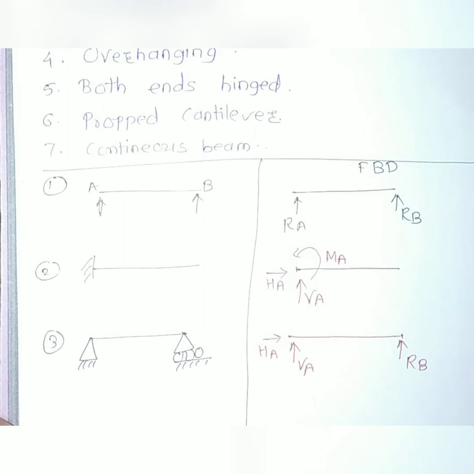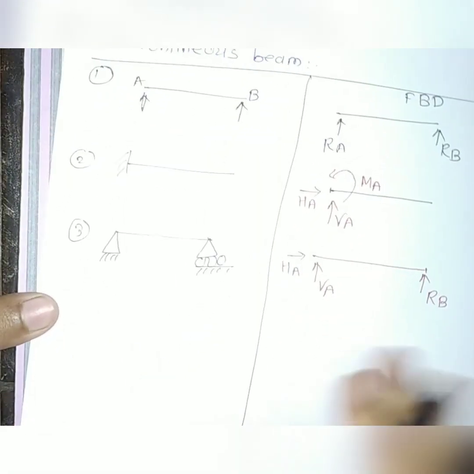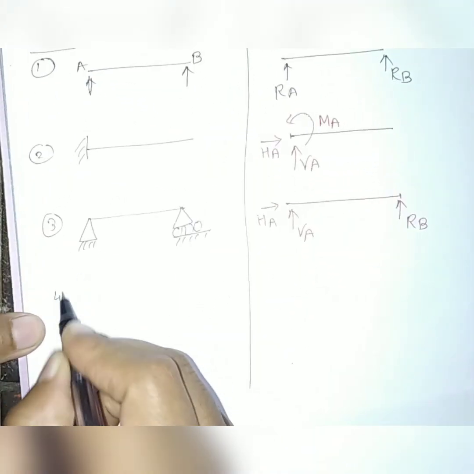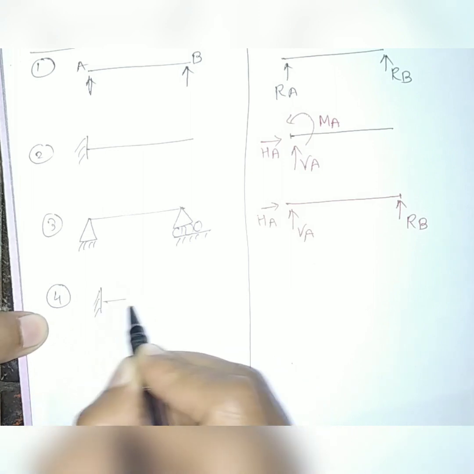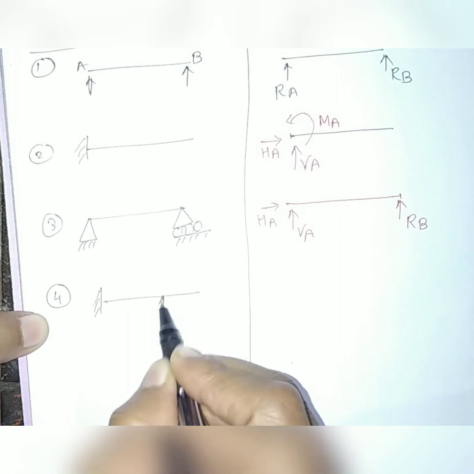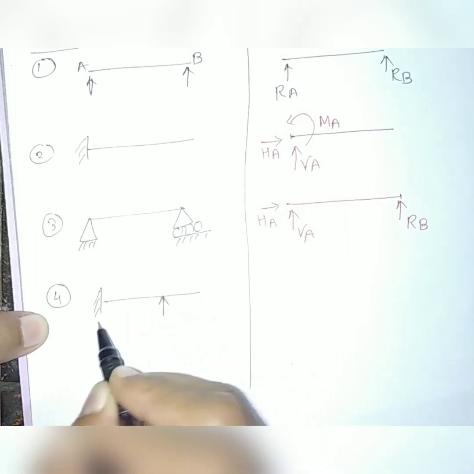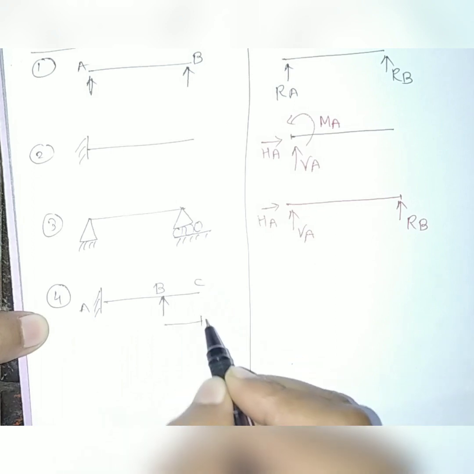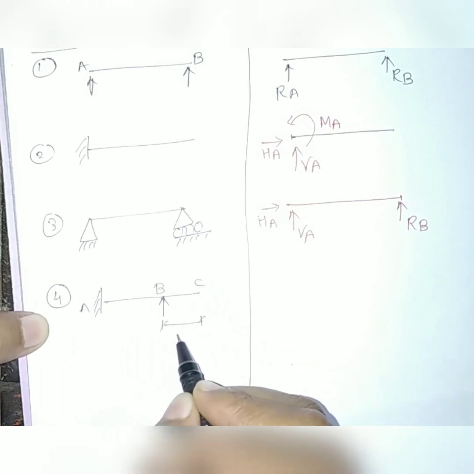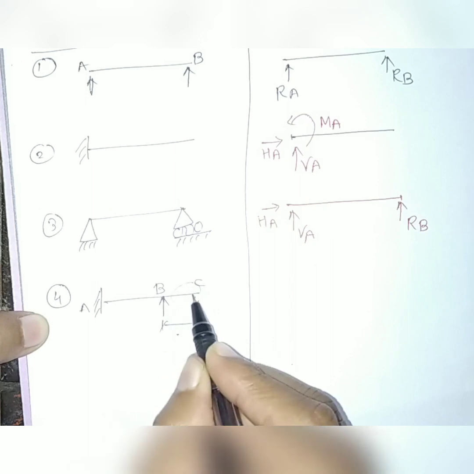Then the next one is overhanging. Overhanging means some part of the beam is extended beyond support. Suppose ABC is a beam, so part BC is overhanged portion. That's why it is overhanged beam.